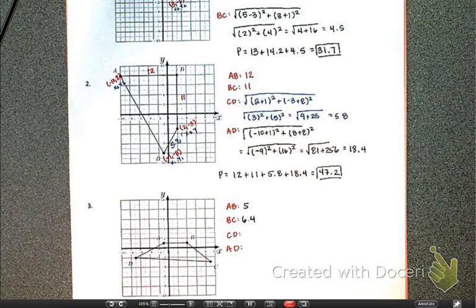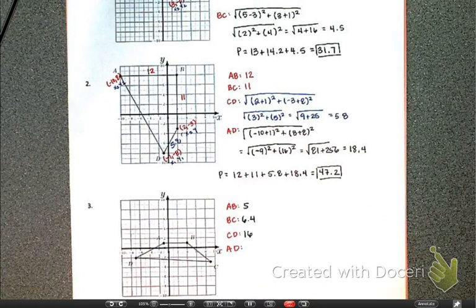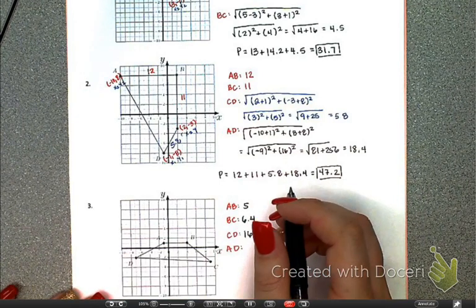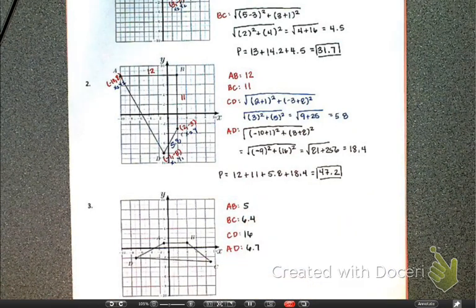CD. Who solved for CD? 16. Can we confirm that? Yeah? And AD. Who solved for AD? 6.7. We can confirm that? I have a few people confirming 6.7.